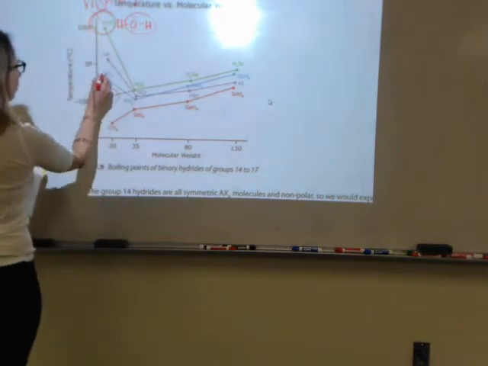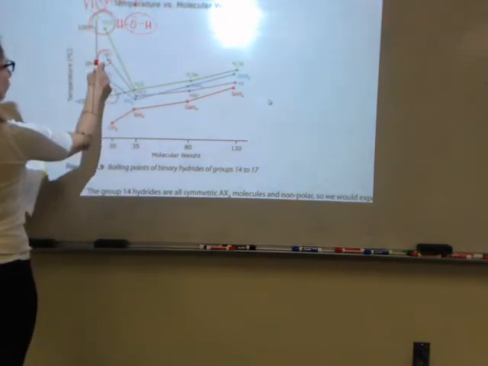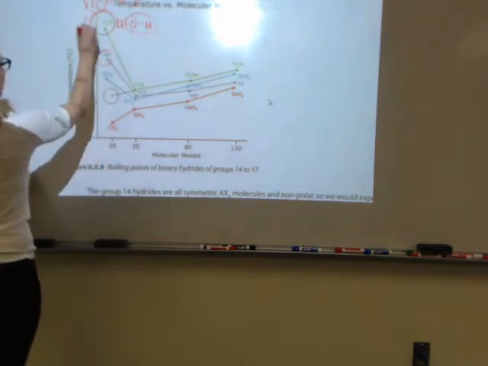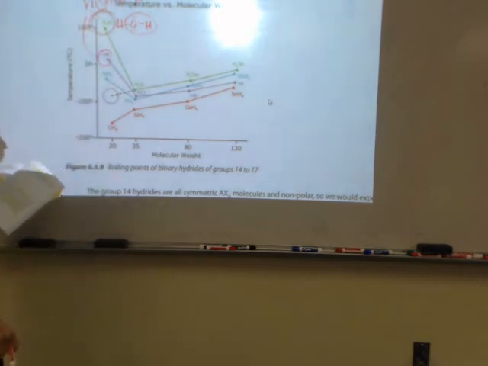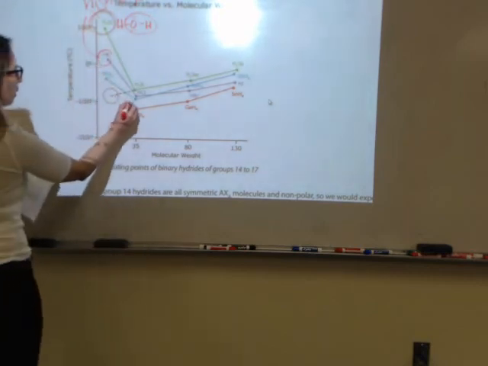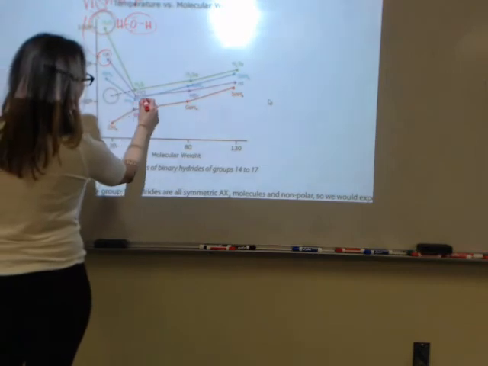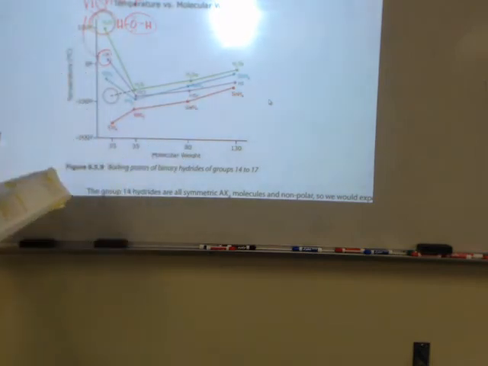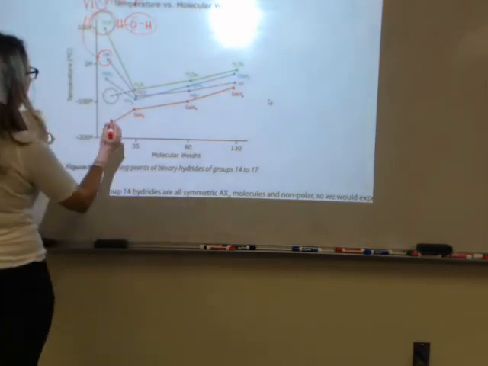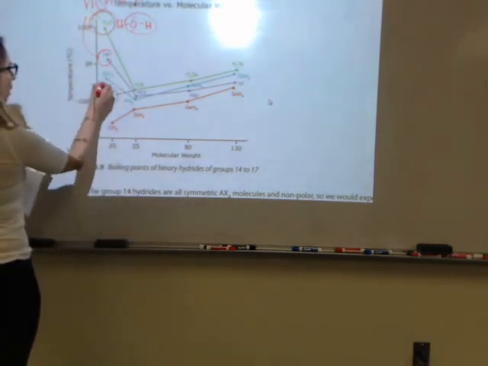Same thing down here for hydrogen bonded to fluorine. HF has the ability to hydrogen bond with another HF, which is why its boiling point is so much higher than expected, because you'll see HCl, HBr, HI. Those are in the same group, group 17 or 7A, and HF is so much higher.